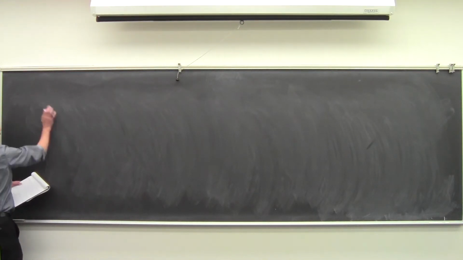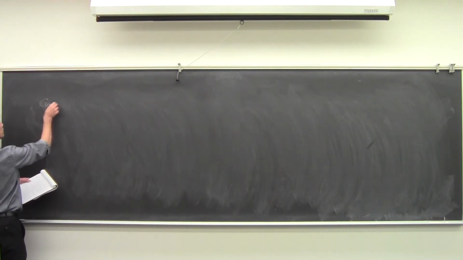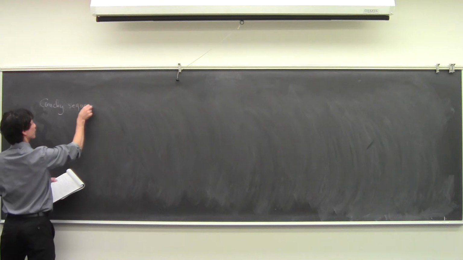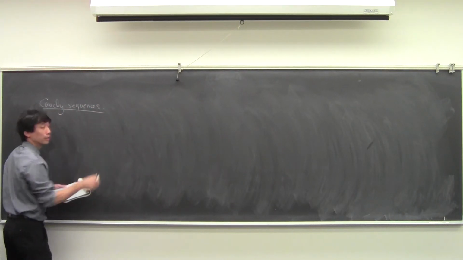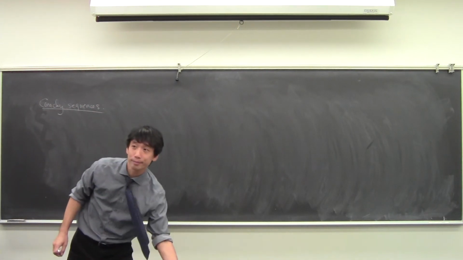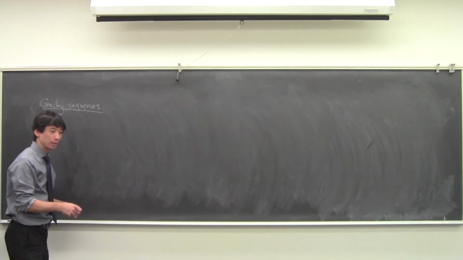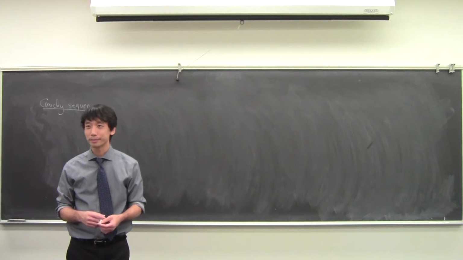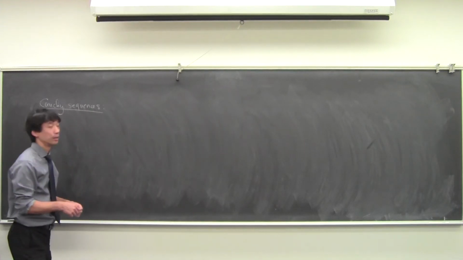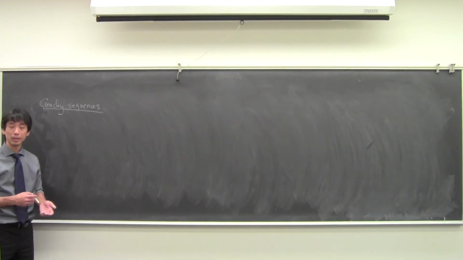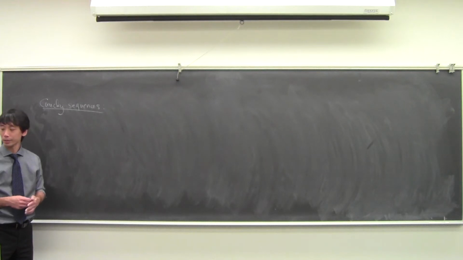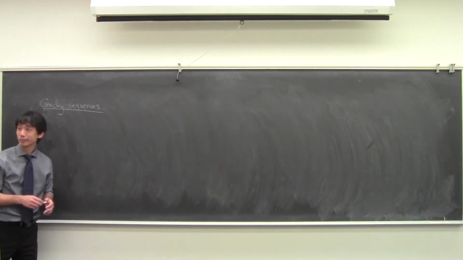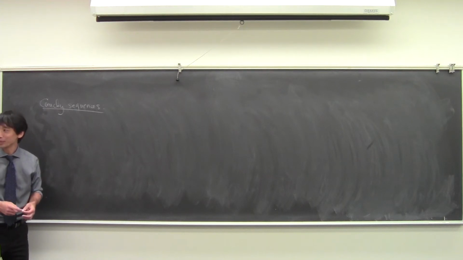Okay. Next thing is the very important notion of Cauchy sequence. Can anyone tell me what a Cauchy sequence is? Anybody know? So it's a little bit different from a convergent sequence. Anyone read it? Fernando, go ahead.